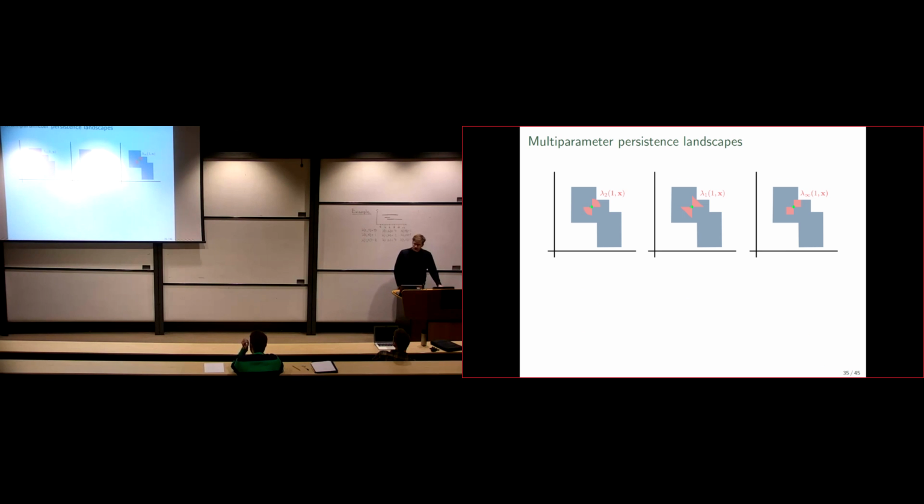So one thing that's a bit different is that you have a choice of how to measure the rank invariant, or how to measure these maps, right? Because in the one parameter case, you're just looking at this interval. You take x minus epsilon to x plus epsilon.